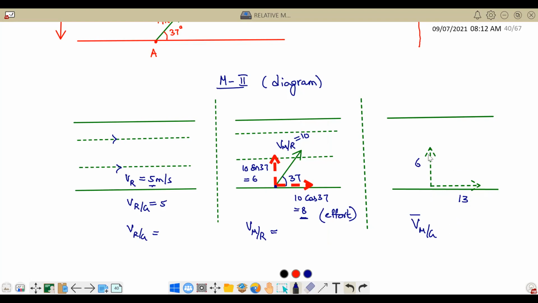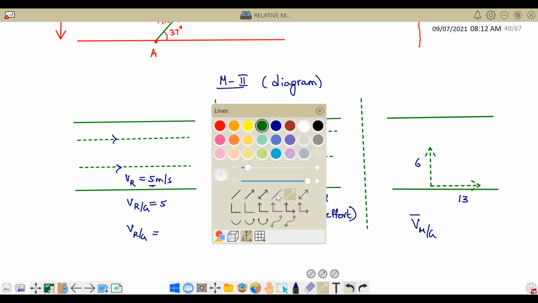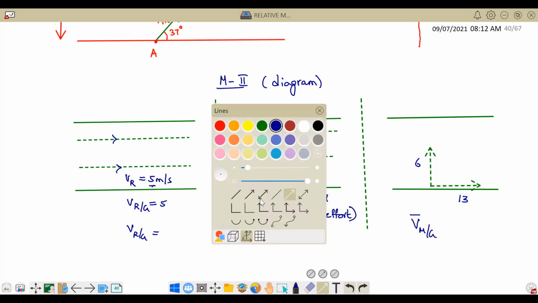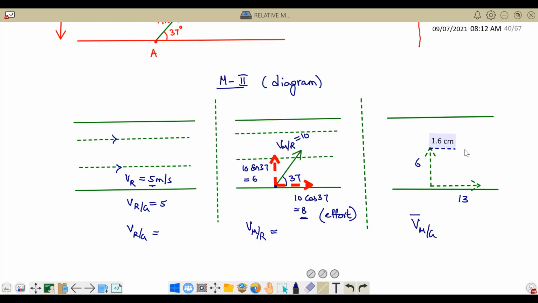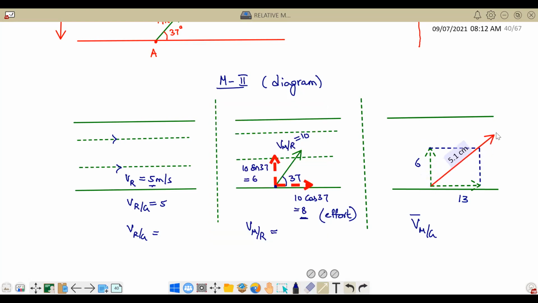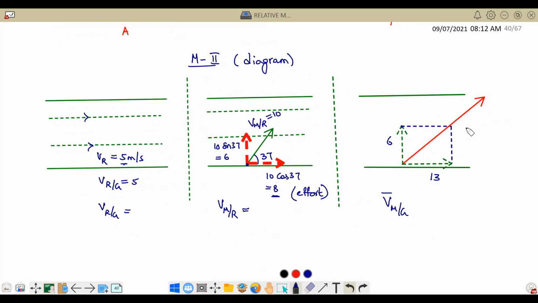So now if you complete this parallelogram, then you will get this. Now tell me, what is this quantity called?